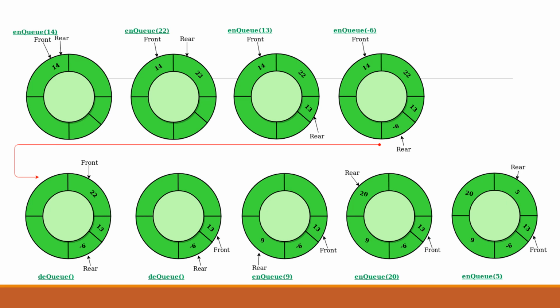So let us assume 14 is at position 0, 22 is at position 1. Next, one more element is inserted into the queue, that is 13. So the rear is incremented by 1, then 13 has to be inserted into this queue. Then one more element is inserted, that is 6: 14, 22, 13. Then 6 is also inserted into the queue.